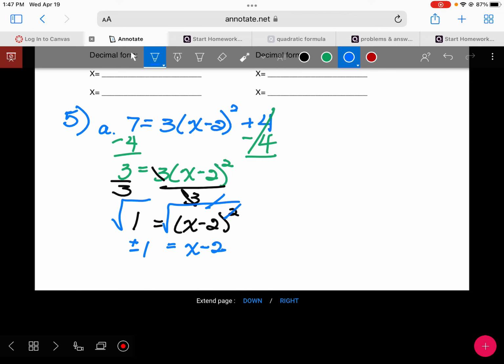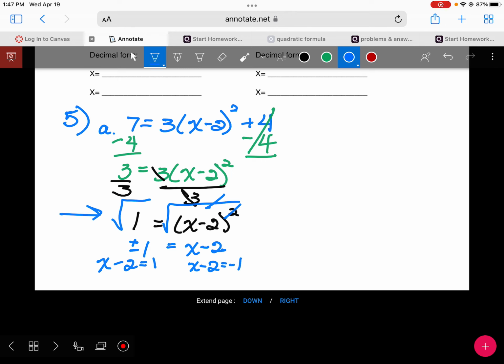So when you are taking the square root like this, you need to remember that you need both a positive and a negative value. Okay, Anaya, you with me? All right. So then I set and say x minus 2 equals positive 1 and x minus 2 equals negative 1.